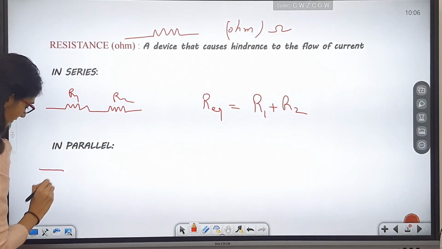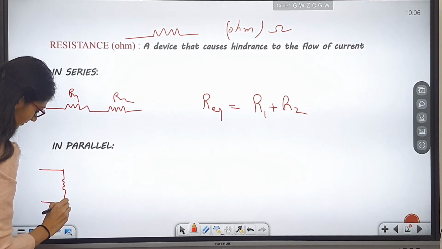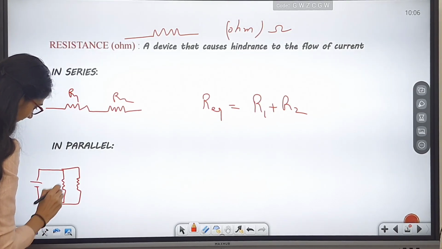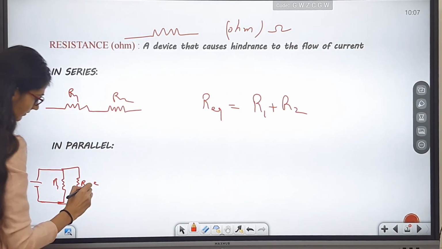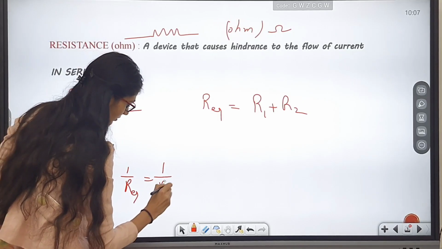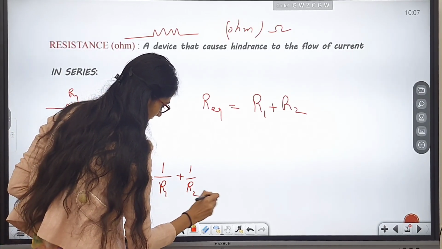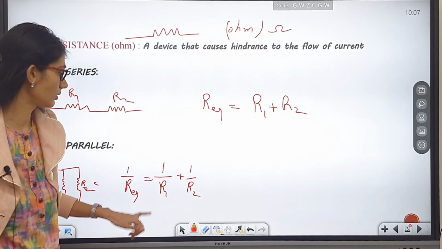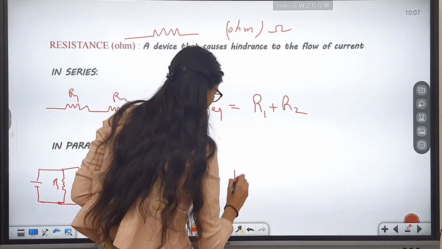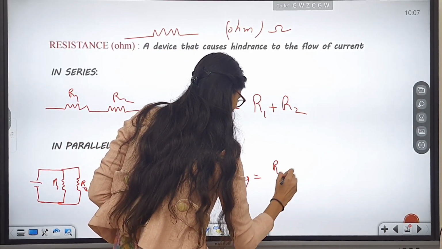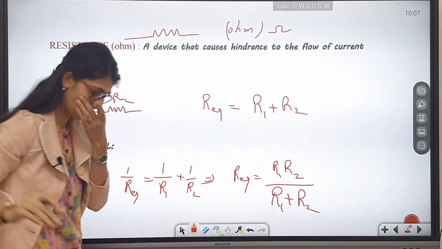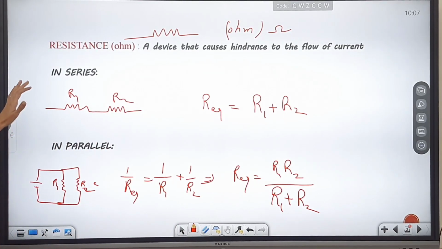If they are in parallel, here is a battery, then the reciprocal of the net resistance is equal to the sum of the reciprocals of the resistances. So you must be aware of these formulas beforehand.